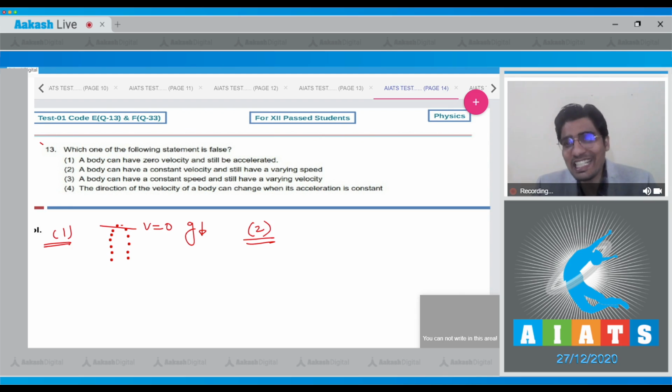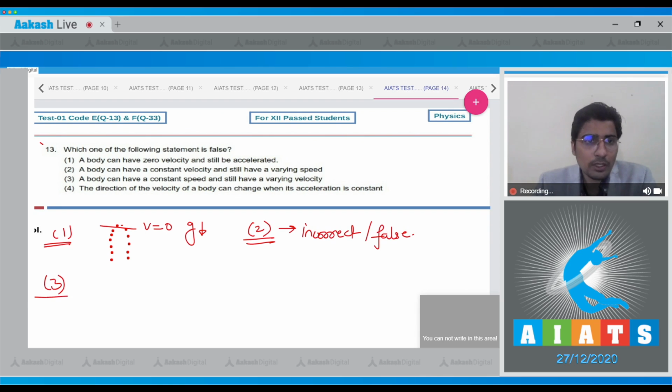Dear student, it is an incorrect statement, because whenever the speed changes, the velocity changes, because the instantaneous velocity has a magnitude equal to speed, while a direction is also incorporated in it. Therefore statement 2 is false.